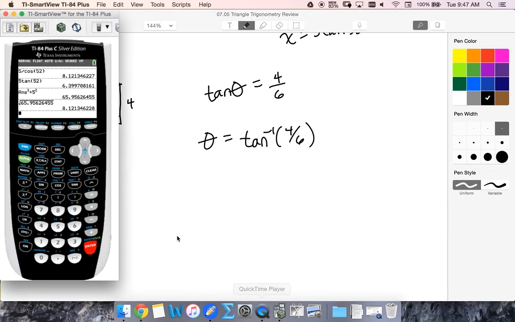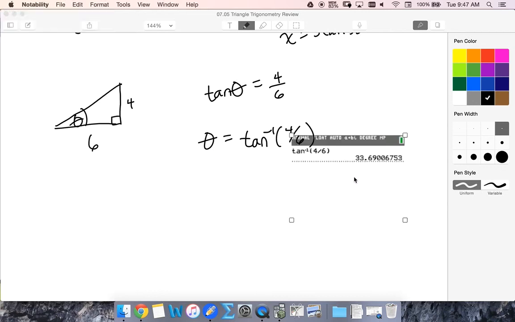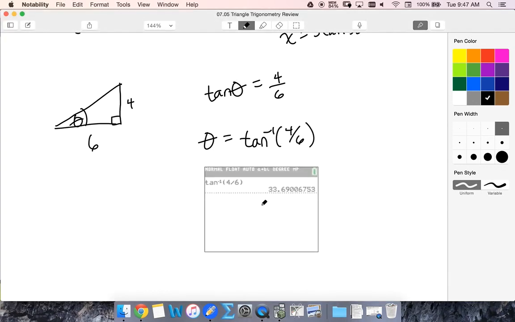And on my calculator, I do that with second tan, gives me tan inverse of 4 over 6. My angle is about 34 degrees. So theta is approximately 33.7 degrees. So that's how we use SOH-CAH-TOA.